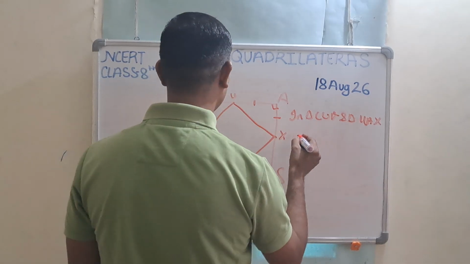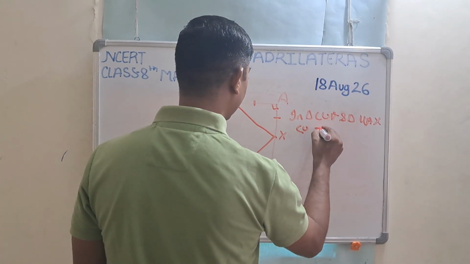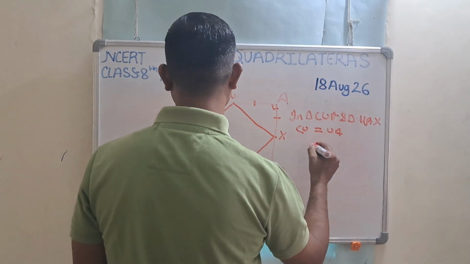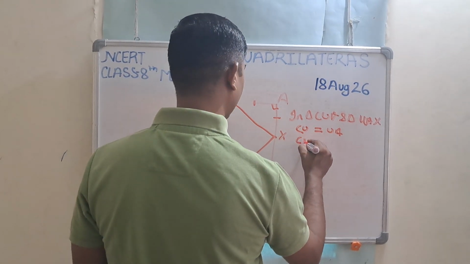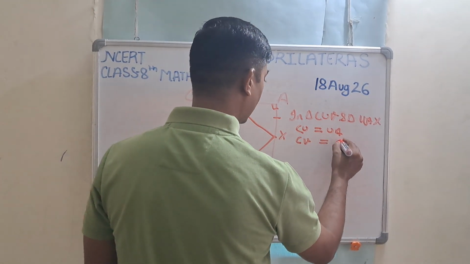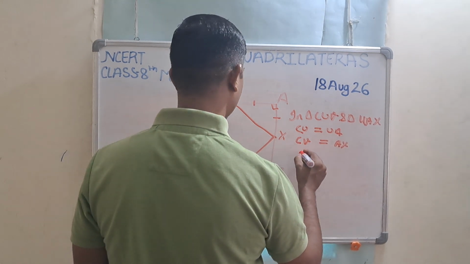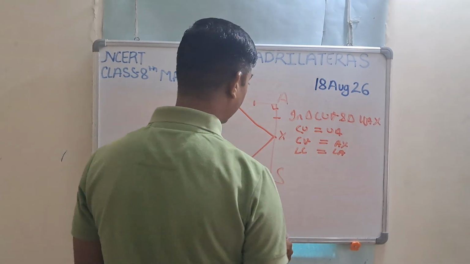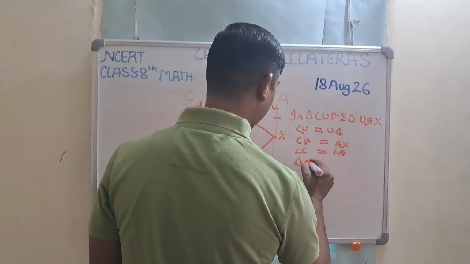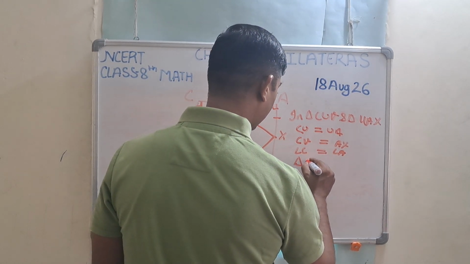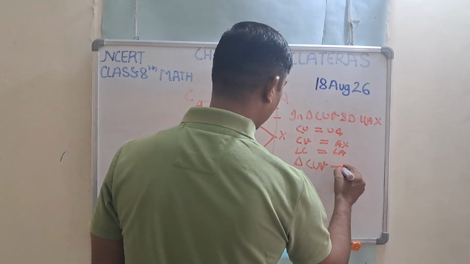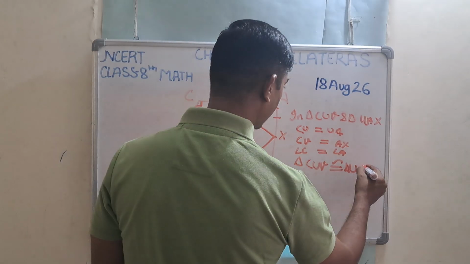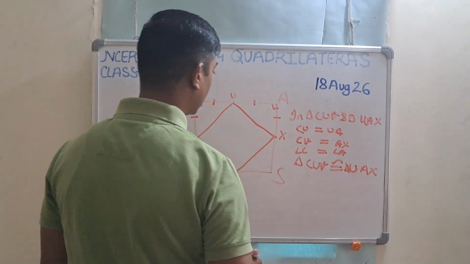Understood? We can write here CU is equal to UA and CV is equal to AX, and angle C is equal to angle A, that is 90 degrees. So these triangles are congruent: triangle CUV is congruent to triangle UAX. Understood?